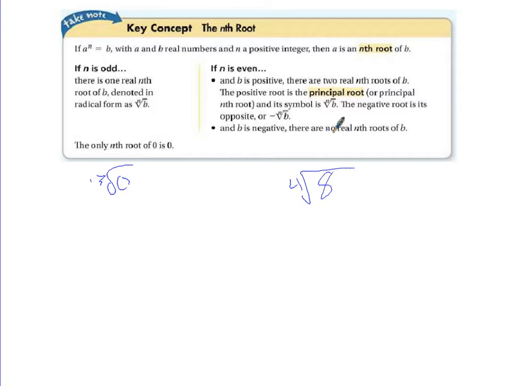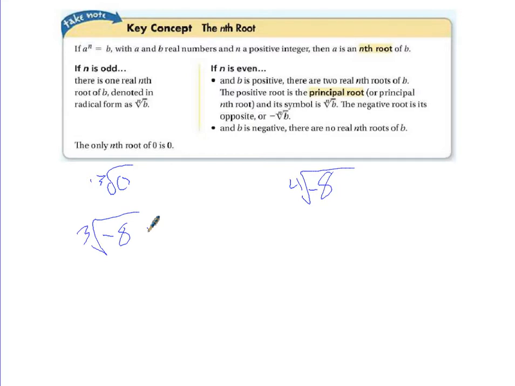If b is negative, then there are no real nth roots because it's imaginary. Over here, that's not the case. If n is odd, then there is going to be a real root. What number times itself 3 times gives me negative 8?